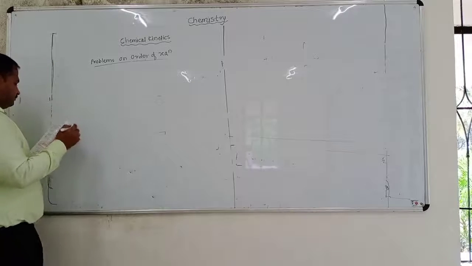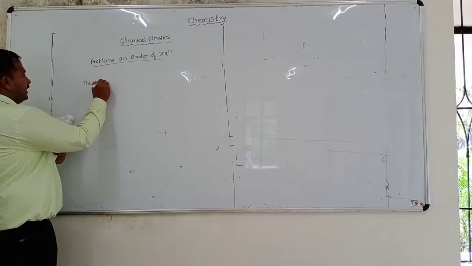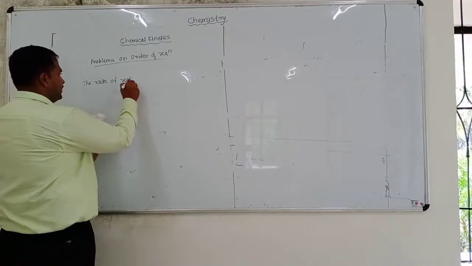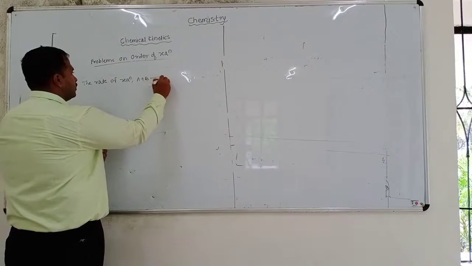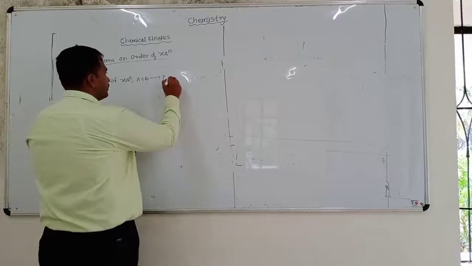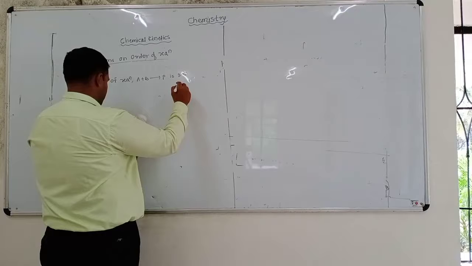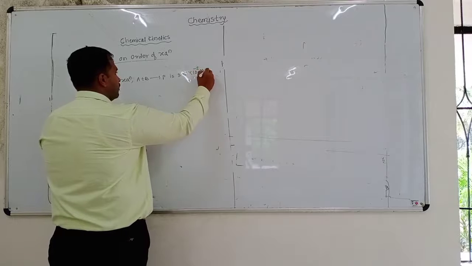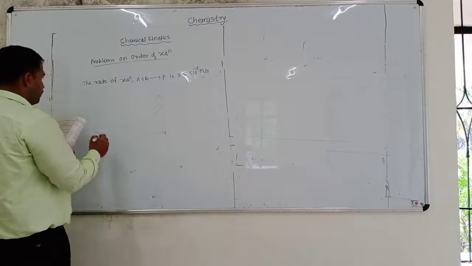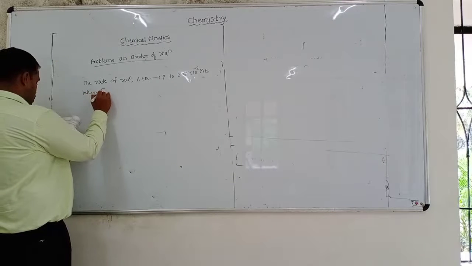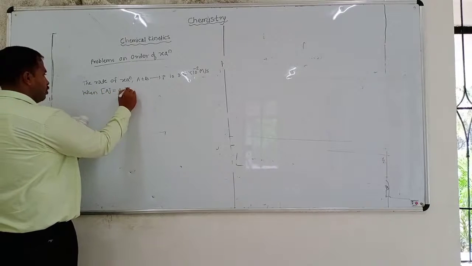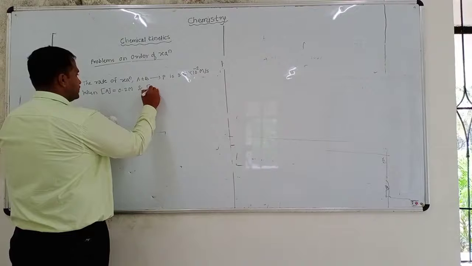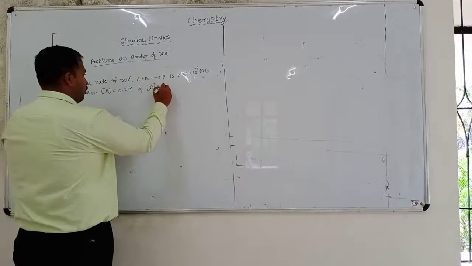The rate of reaction A plus B, which gives P, is 3.6 into 10 raised to minus 2 molar per second, when concentration of A is equal to 0.2 molar and concentration of B is equal to 0.1 molar.